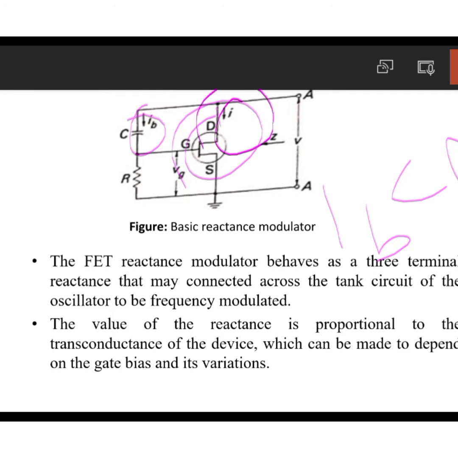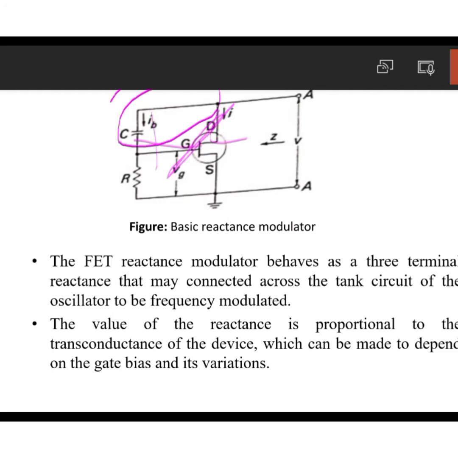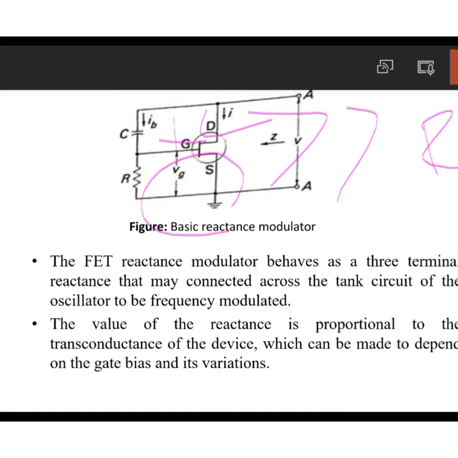So this is the major current, and the IB current we are going to neglect. Then the drain gate impedance XC, the reactance developed here, is much greater than R, right? XC is very much greater than the resistance developed here.